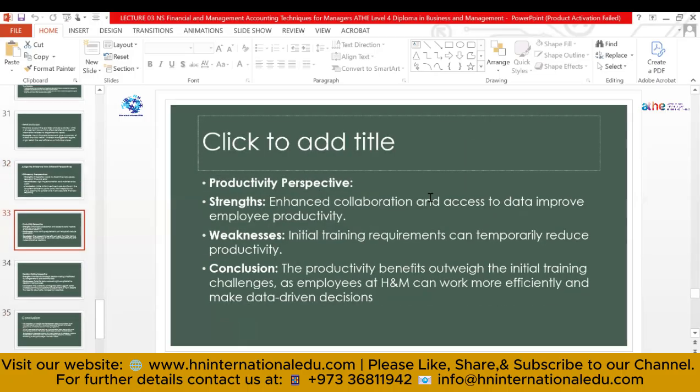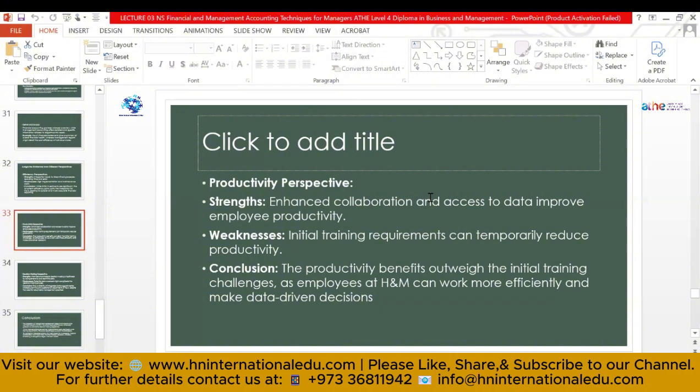Productivity perspective. Strength, weaknesses, conclusion. Enhanced collaboration and access to data improve employee productivity because we really want them to work with fewer resources and produce more. Weaknesses, initial training requirements can temporarily reduce the productivity and it is expensive too. Why? Because it takes time, money, energy, all the things together.